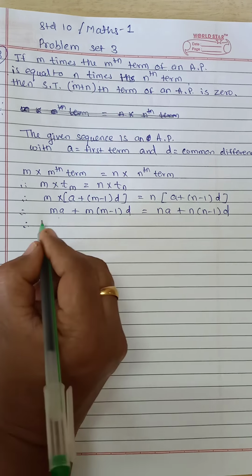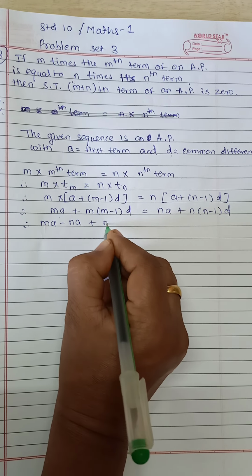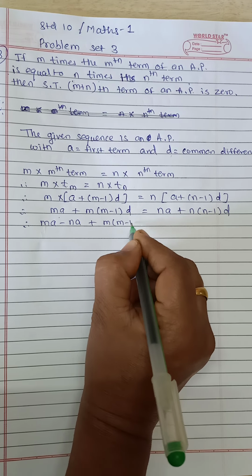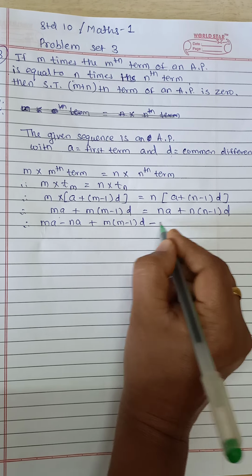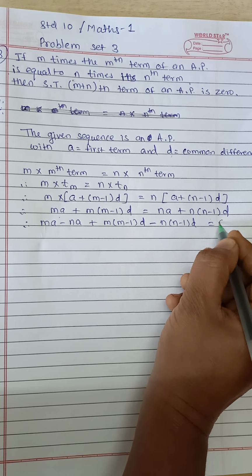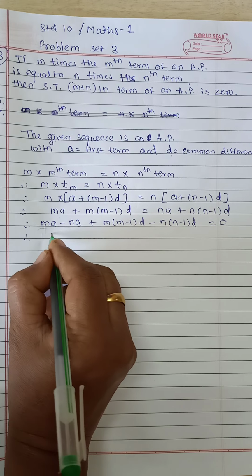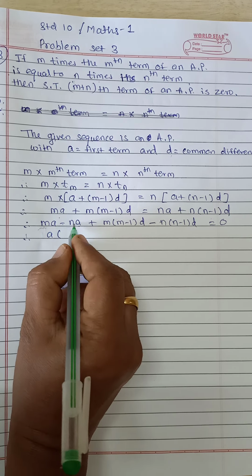Here ma and na I will write together: ma minus na plus m into (m minus 1) into d minus this term, is equal to 0. Now in these two terms a is common, so in the bracket m minus n.